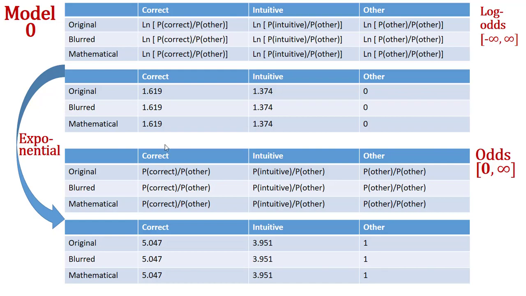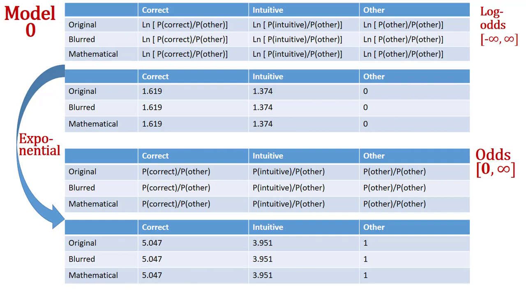Okay, so basically we do the reverse. When we obtain 1.619 by obtaining the logarithm of the ratio of two probabilities, if we exponentiate that number, we obtain the ratio of those two probabilities.